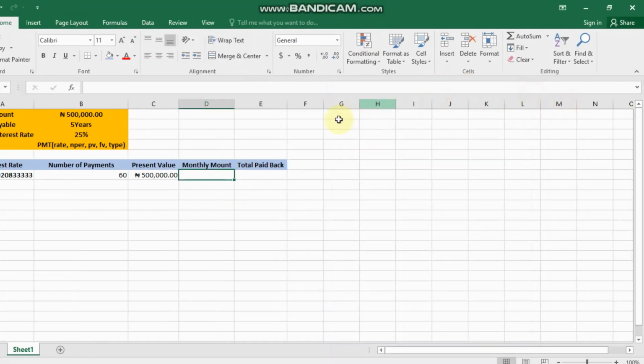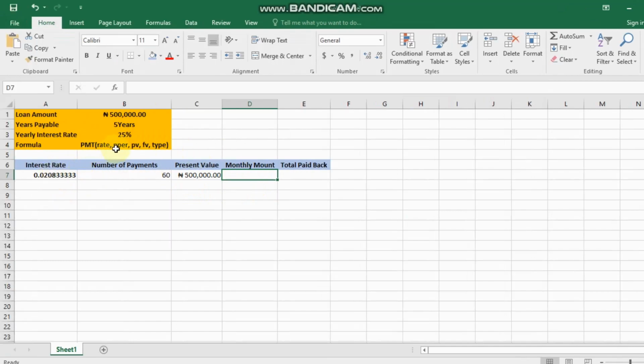For us to get the monthly amount, this is where we need this formula. The monthly amount entails the rate, the interest rate, which is the rate here, the number of payments, and this present value, which is the PV.